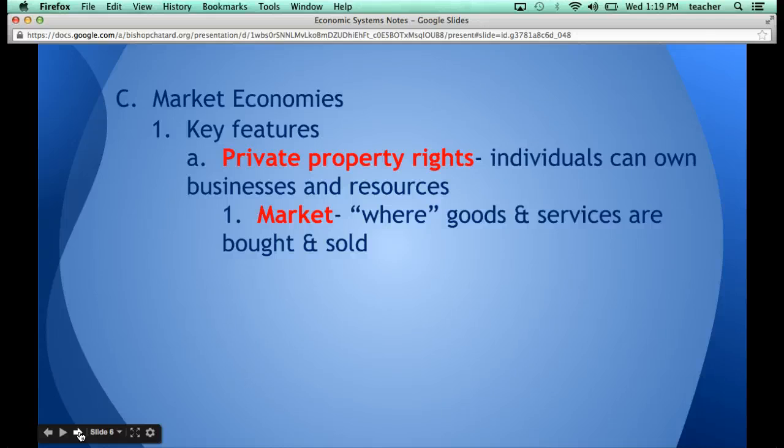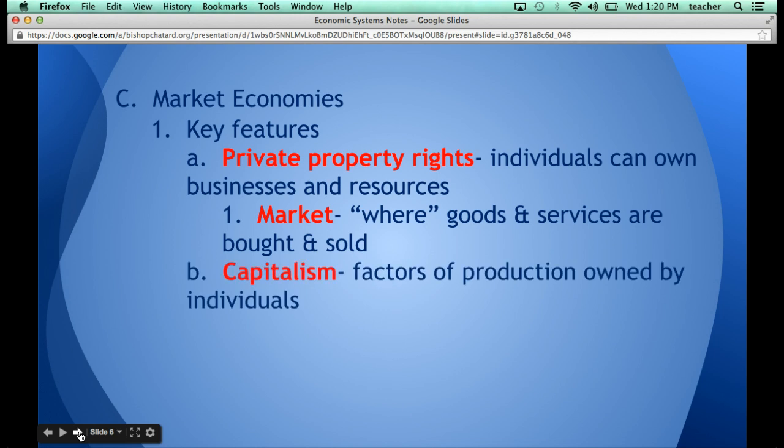There are plenty of quote-unquote markets, or places where you buy things, that aren't actual physical locations. Prime example, Amazon. I can go on the Amazon website and buy or sell whatever I want, or eBay. It's not a physical location. However, it is a market. And it is important because I can go and buy and sell my own private property.